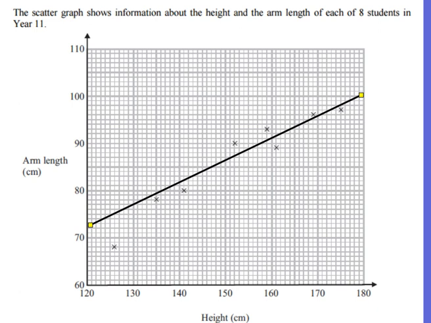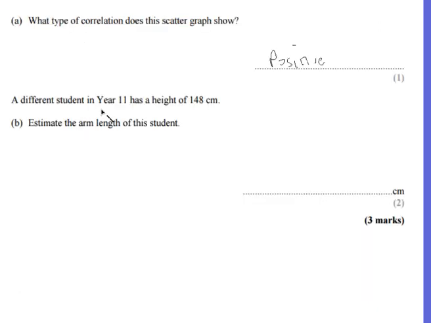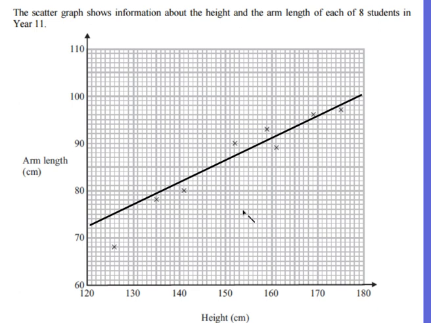Now, let's go back to the question. A different student in year 11 has a height of 148 centimetres. Estimate the arm length. So we find the height of 148 and we draw a line up to the line, and then we read across to this point here.